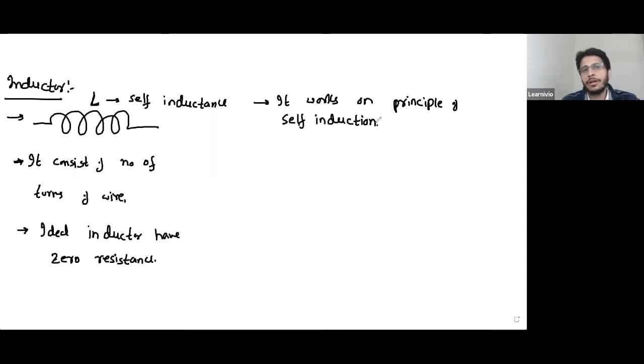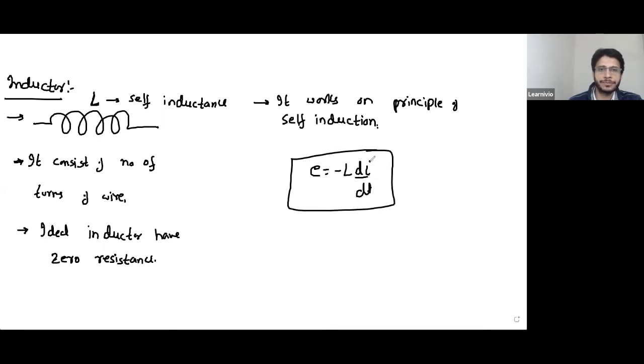Whenever current in an inductor changes, an EMF is induced in the inductor which opposes any further change in the current. That's self-induction. So the working equation for the inductor is: E is minus L di over dt. This is the working equation for the inductor.